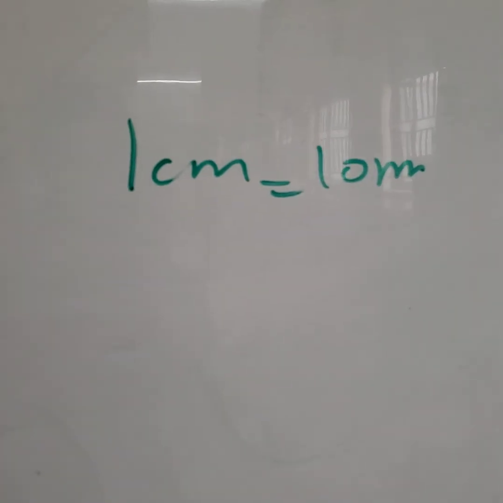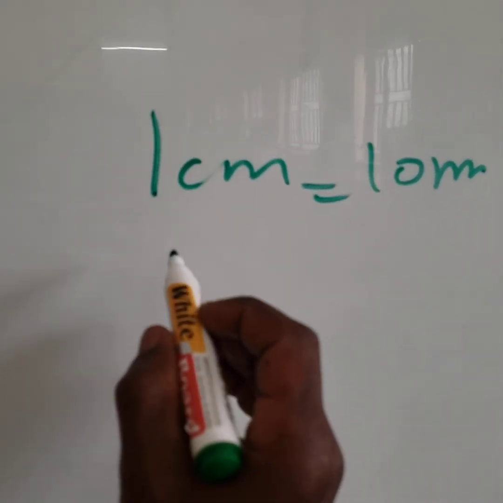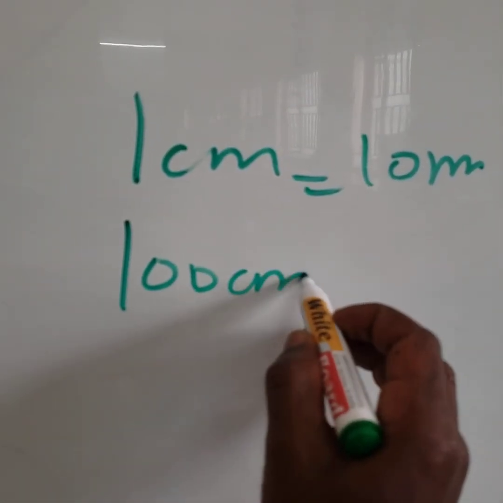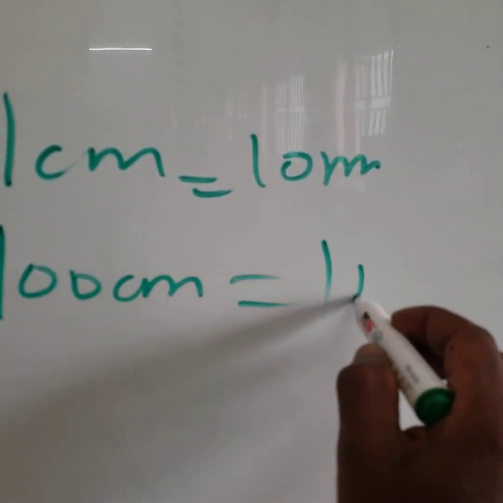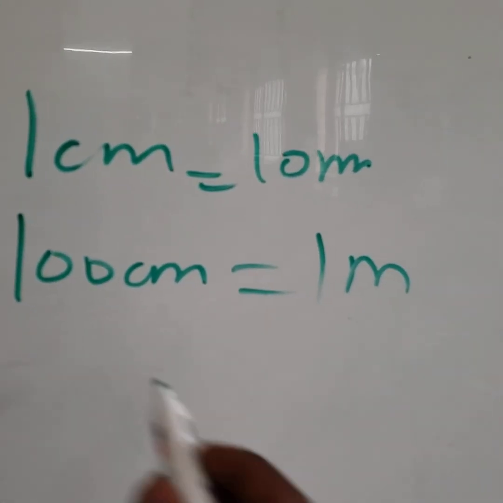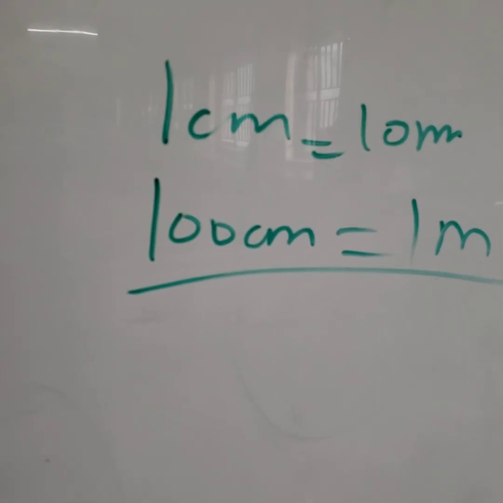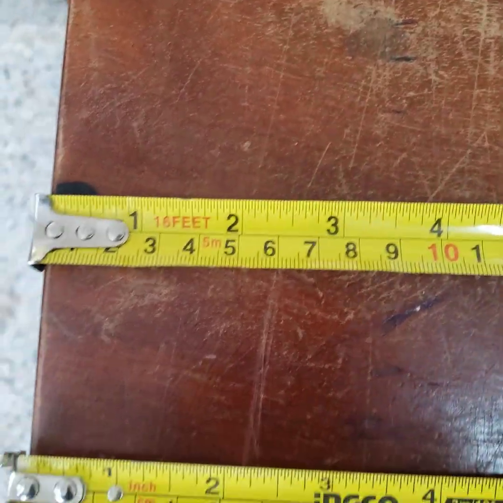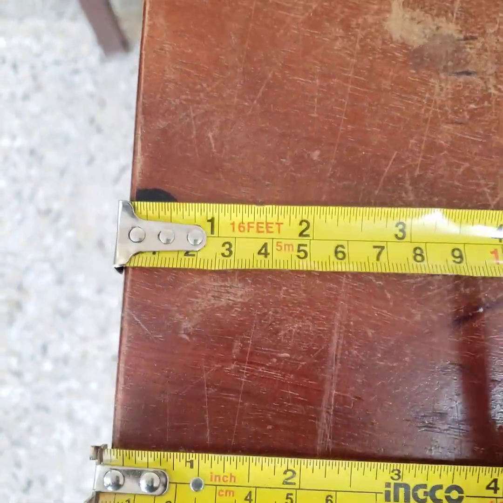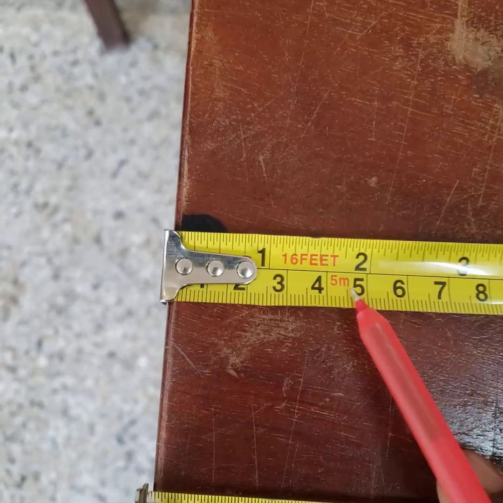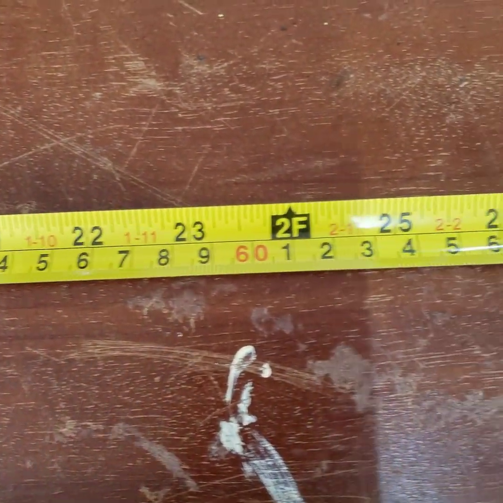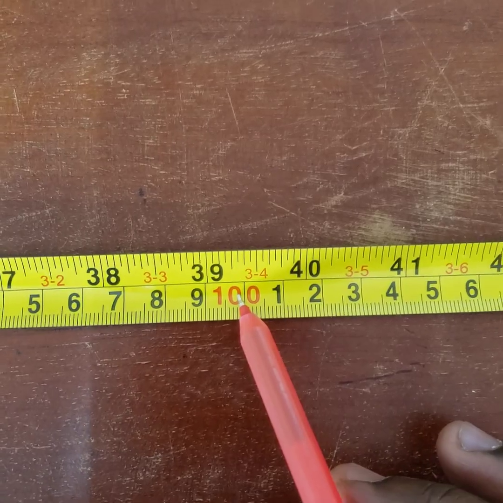Let's look at another standard. We all know that if we run to 100 centimeters, they always make 1 meter. How does it look and how do we trace it? From our metric scale, which measures in millimeters, centimeters, and then meters, we are saying that when we go through centimeters, 90 centimeters and then 100 centimeters, they make 1 meter.